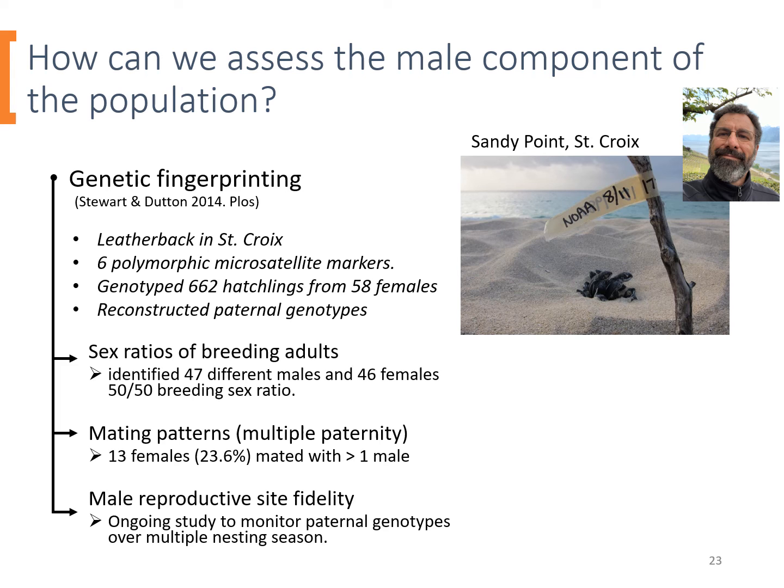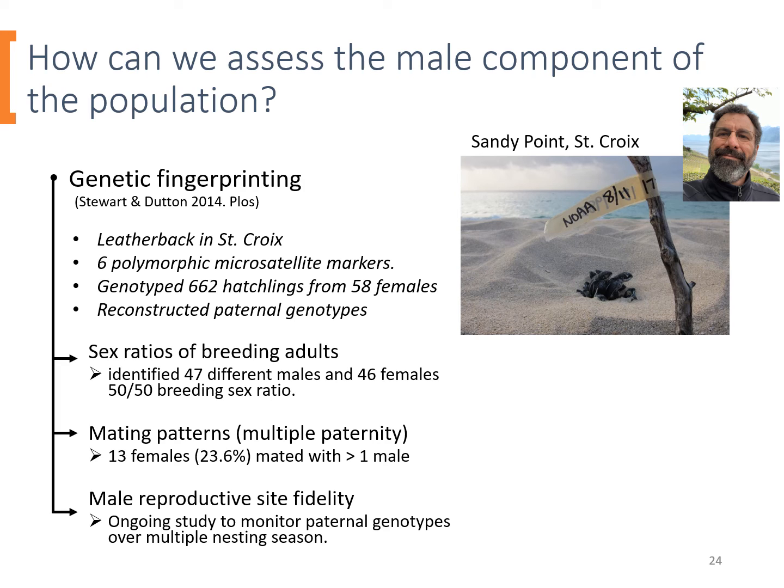For example, there are 3 questions we want to know about that involve genetic fingerprinting of males. One's the sex ratios of breeding adults, another's mating patterns, such as levels of multiple paternity, and by tracking males, we can determine their male reproductive site fidelity.